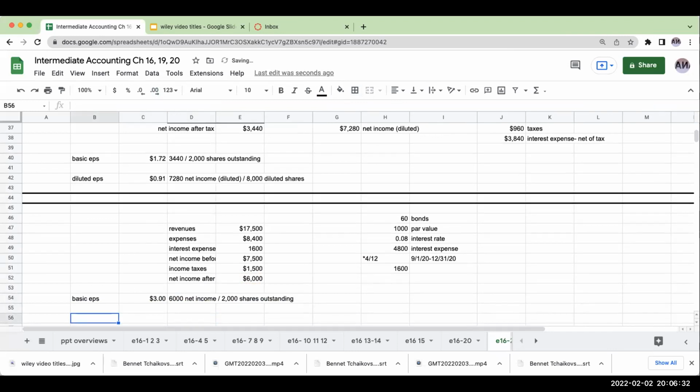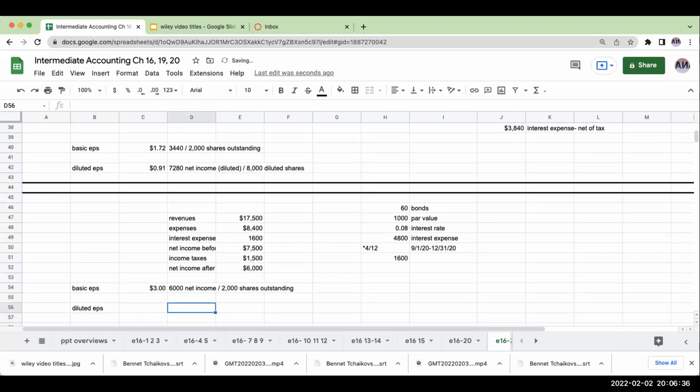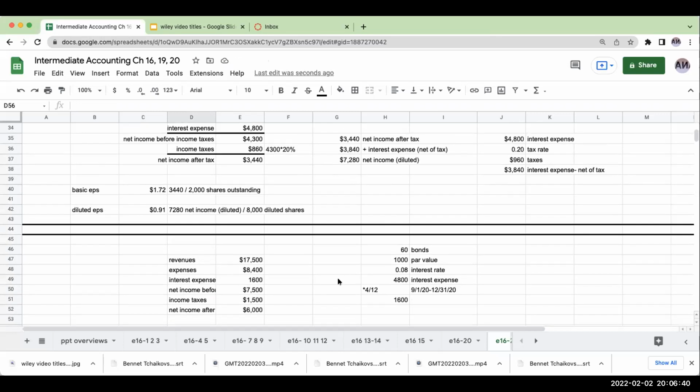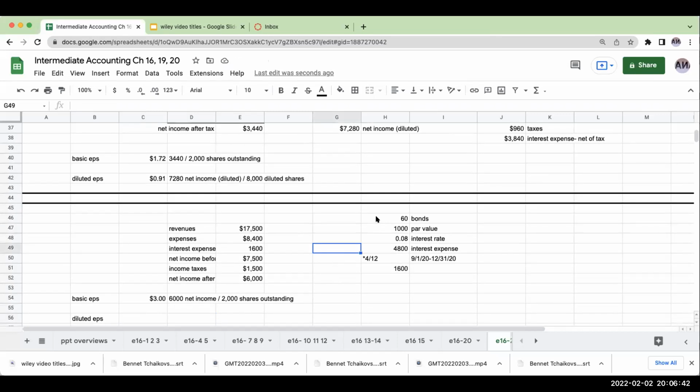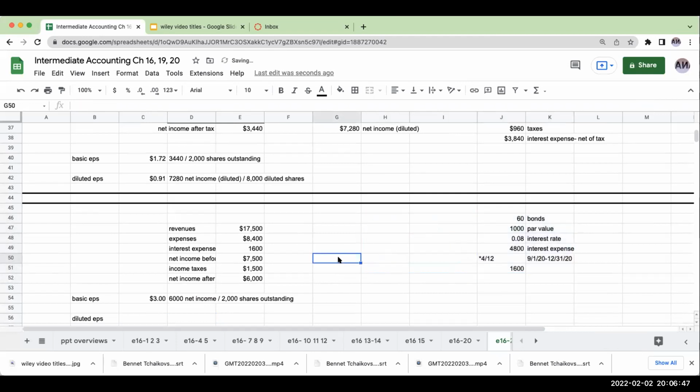Now, for the fully diluted earnings per share, what is this going to be? Well, what I need to figure out is, my net income after tax was 6,000.